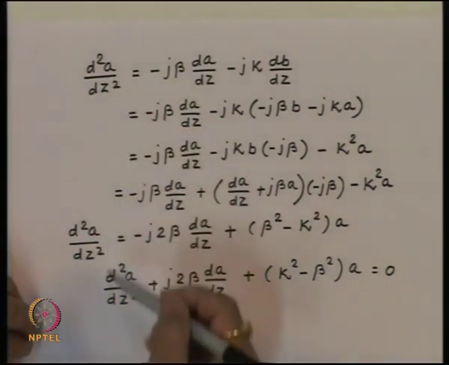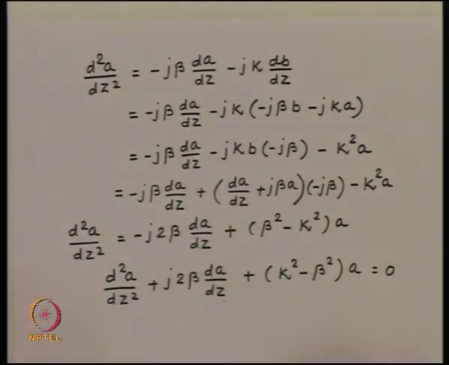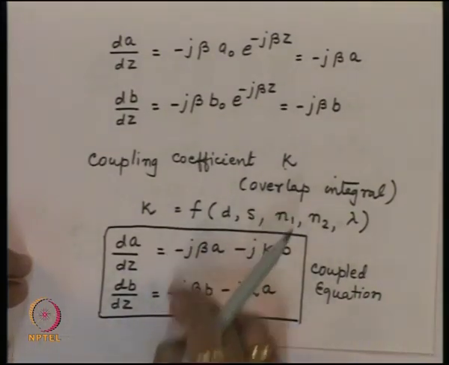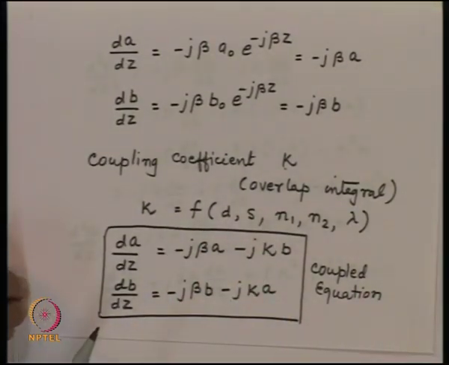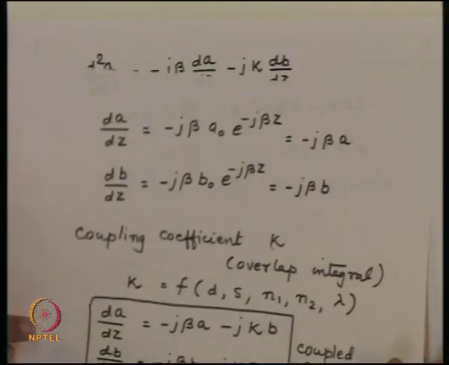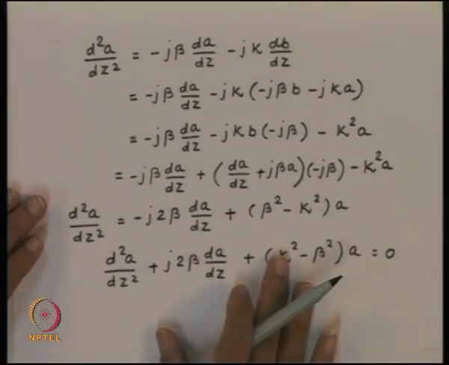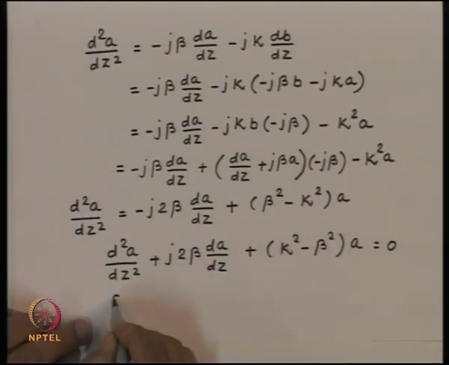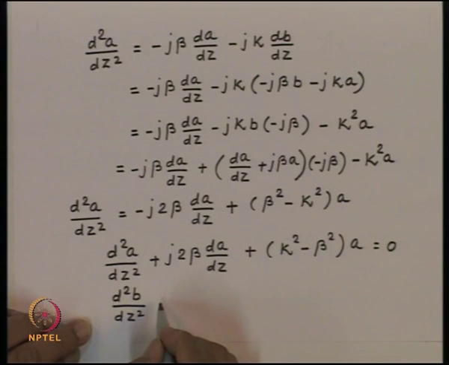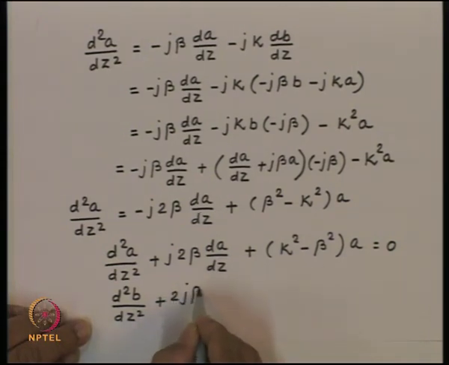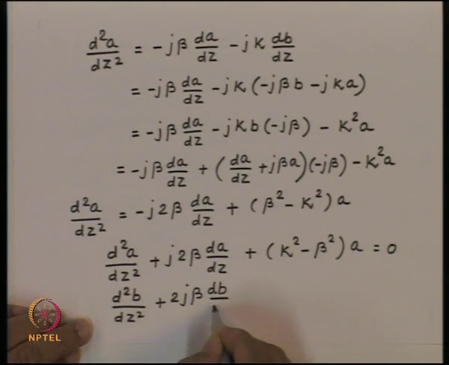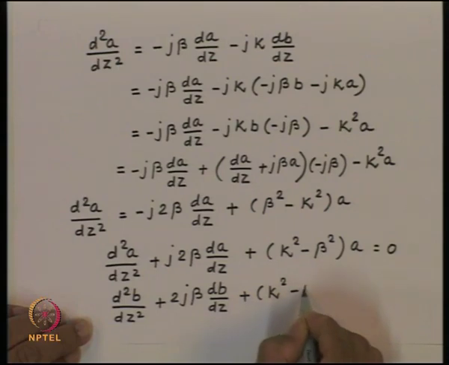And essentially the same equation will be there for B also, because these two equations are exactly symmetrical. So, whatever equation we got for A, exactly the identical equation we will get for B also. So, we will have the equation for B, which is d2B by dz square plus 2j beta dB by dz plus k square minus beta square B, that is equal to 0.